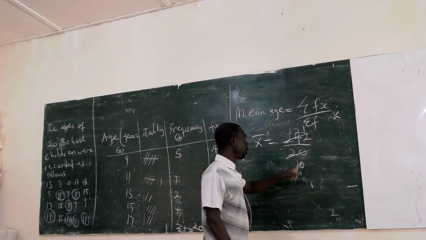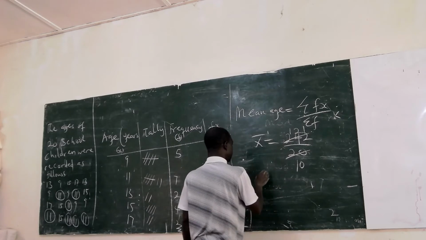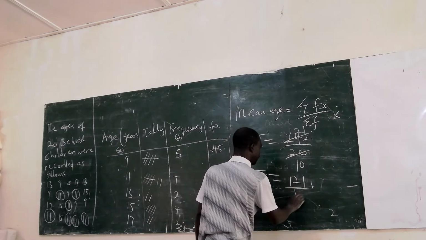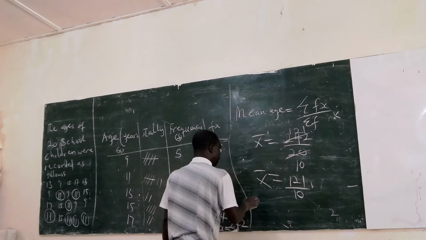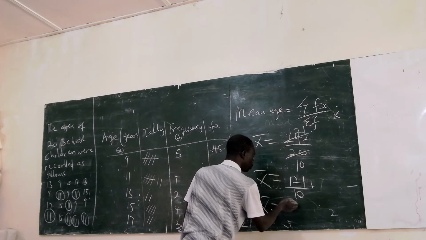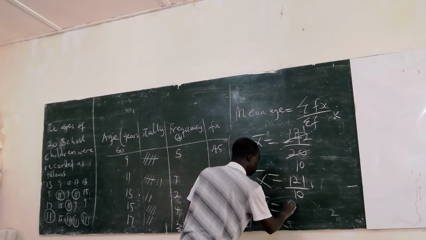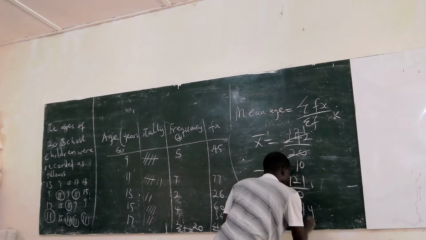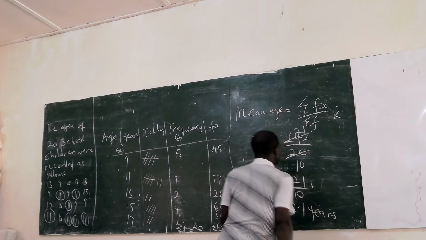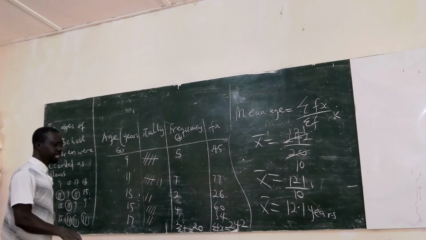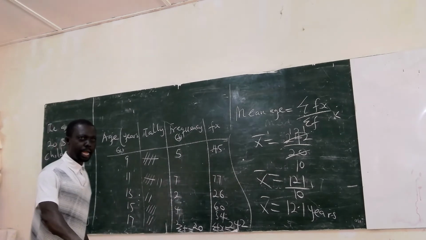So here, that should be 121 divided by 10. The answer will give us 12.1 years. After finding the mean age, you are going to use the table to find the modal age.